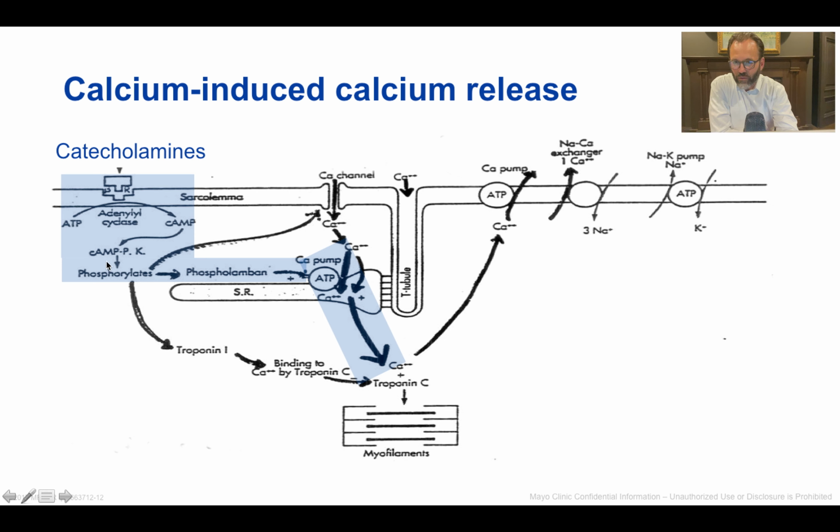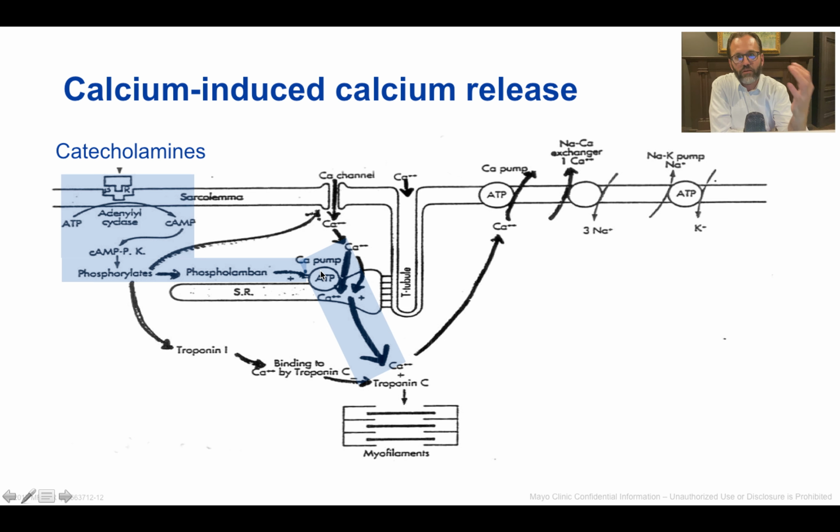That would ultimately increase cAMP-dependent kinase activity, and that kinase phosphorylates proteins. One such target is a protein called phospholamban. When phospholamban is phosphorylated, that ultimately increases the activity of this ATP-dependent calcium pump in the sarcoplasmic reticulum.